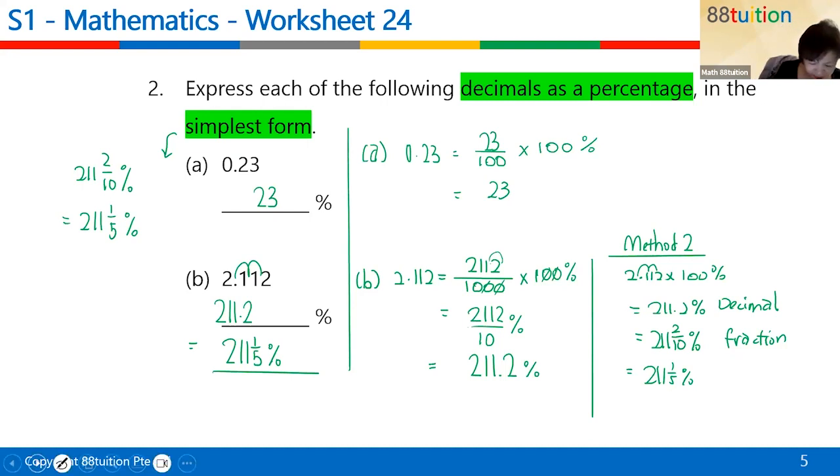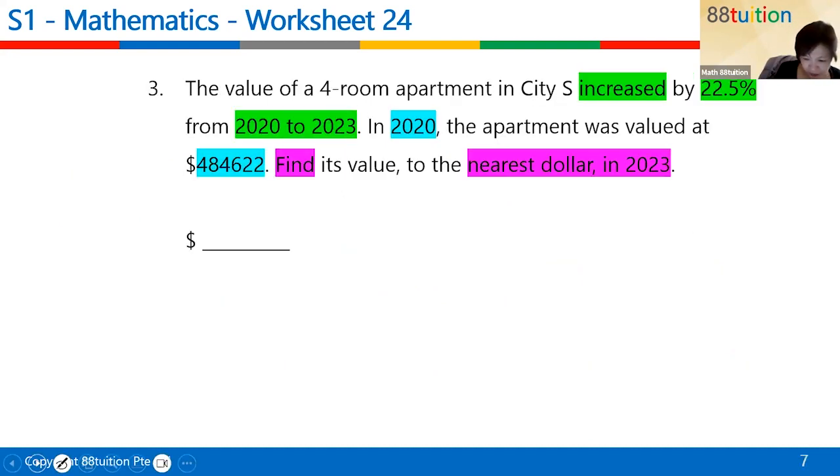Number 3. Okay, number 3 says the value of a 4-room apartment in city S increased by 22.5% from 2020 to 2023. In 2020, which is the earlier date, the apartment was valued at 484,622.